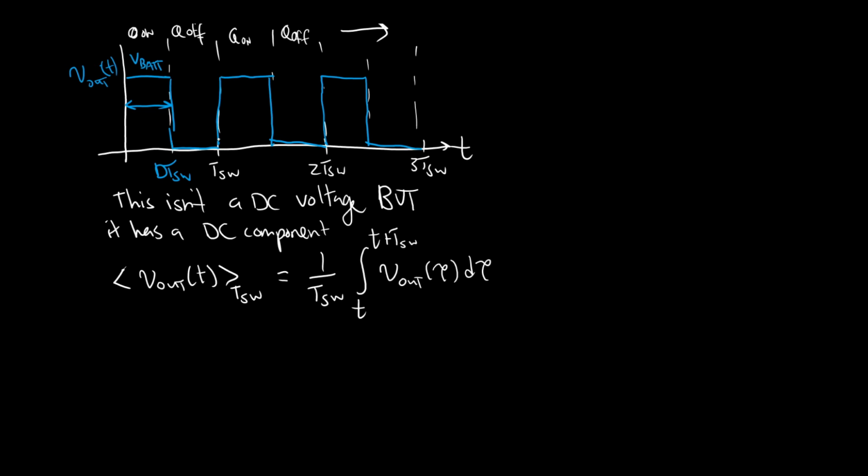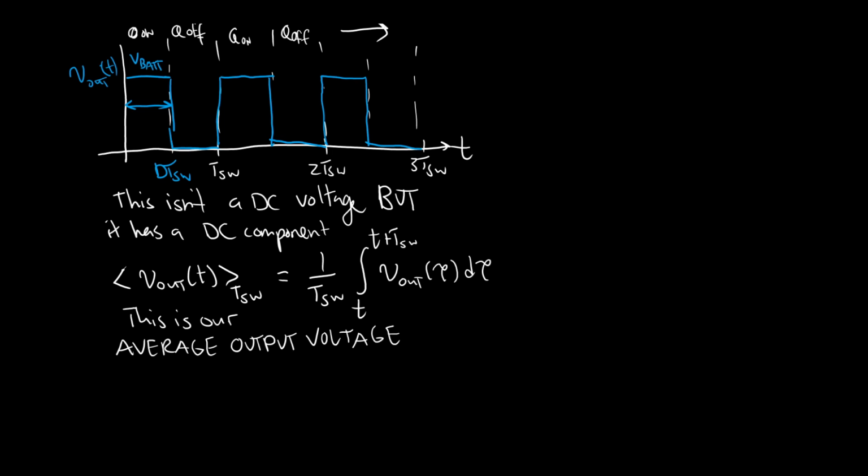And because this happens regularly, because we're doing this continually, or for all of time, let's say, then the average output voltage is this moving average. This is how we find the average output voltage.